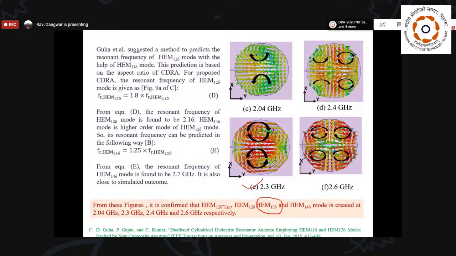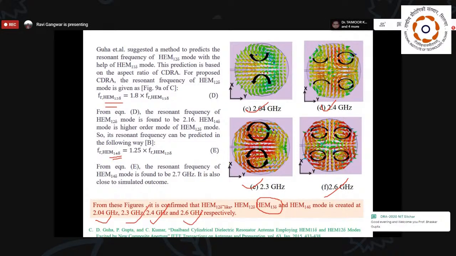So here we can say that for the remaining frequencies 2.04, 2.4 and 2.6, when we analyzed them, we are able to get your HEM12δ mode and HEM14δ mode. So here I can confirm that HEM12δ-like mode, then HEM12δ, HEM13δ and HEM14δ modes are created at 2.04, 2.3, 2.4 and 2.6 gigahertz.